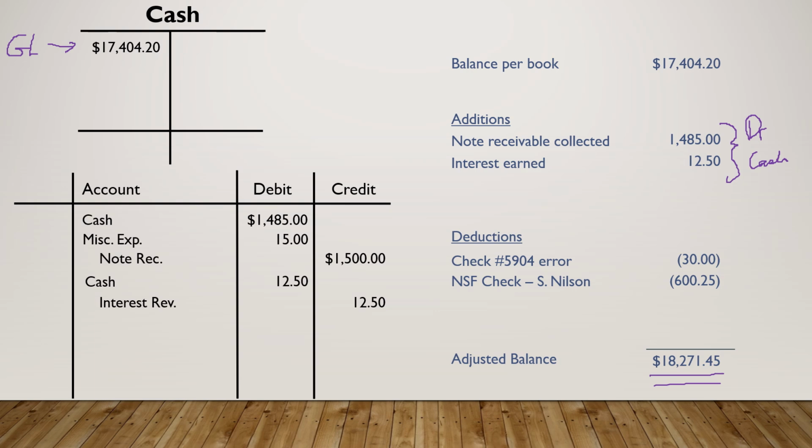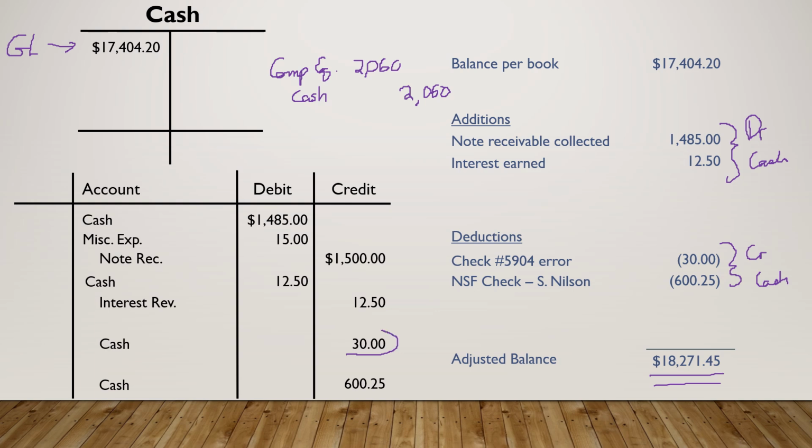Our deduction section contains items that will be credits to cash. Check 5904 was for a computer purchase. We debited computer equipment and credited cash for $2,060, $30 too little.